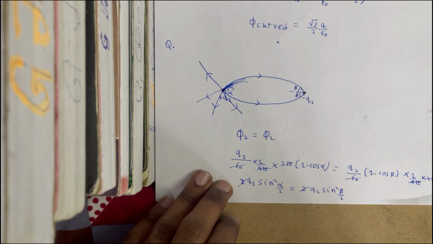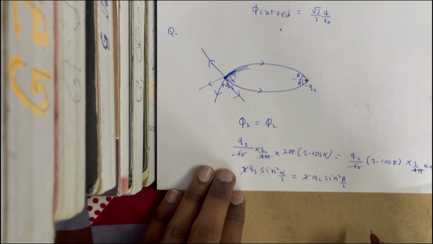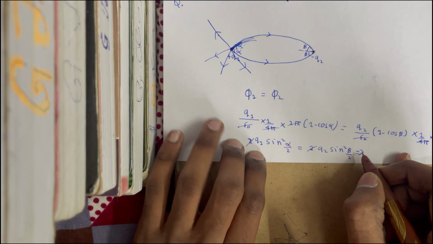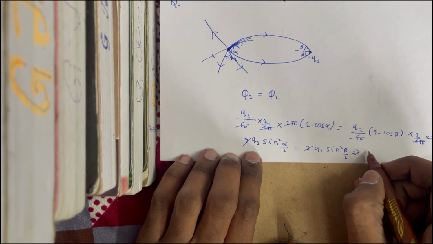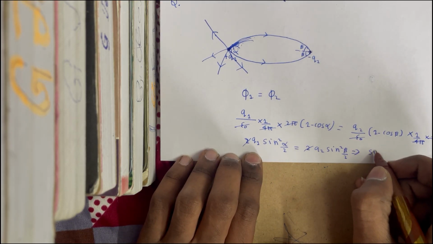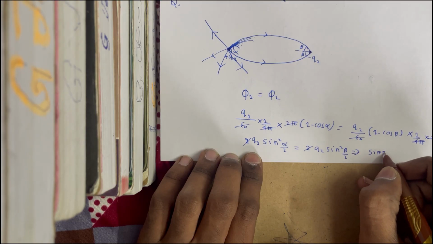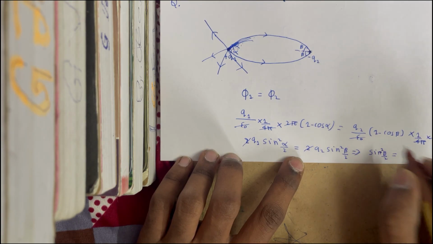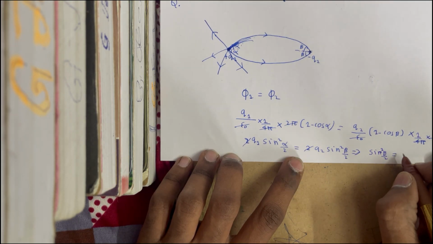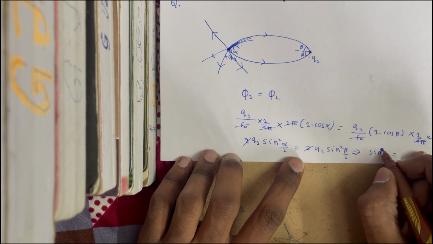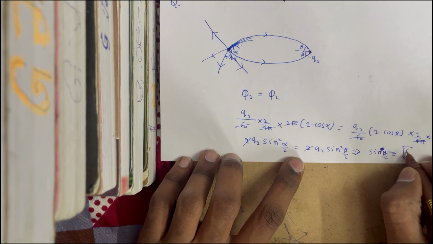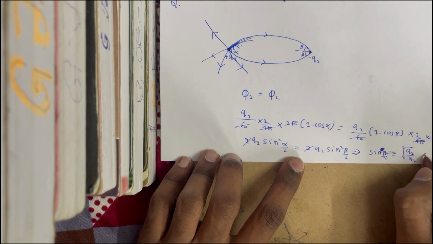We can cancel out the 2 here, and from this we can say that sin square beta by 2 equates to, or let's just do the square root. So sin beta by 2 equates to square root of q1 by q2 times sin alpha by 2.